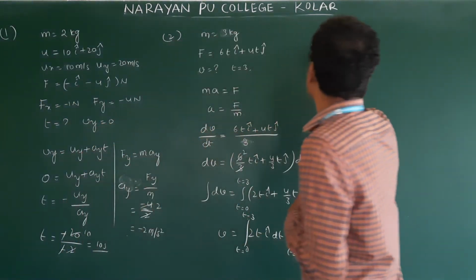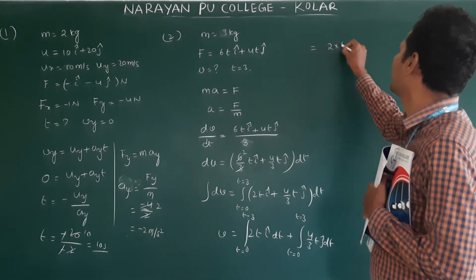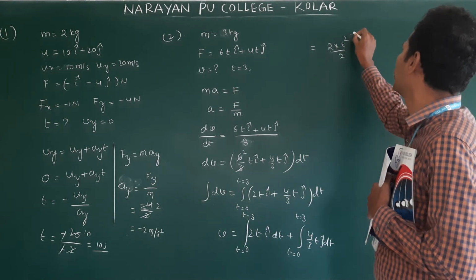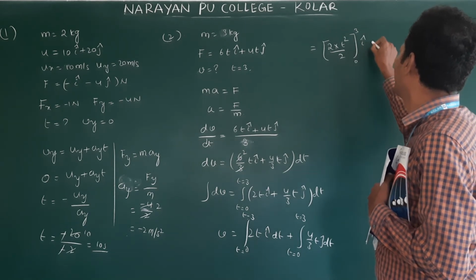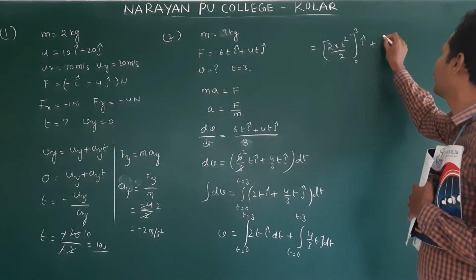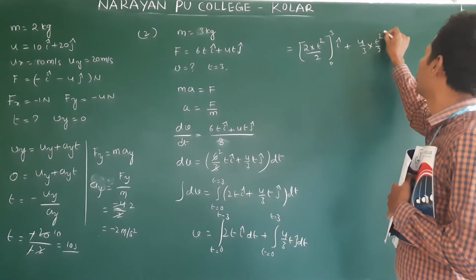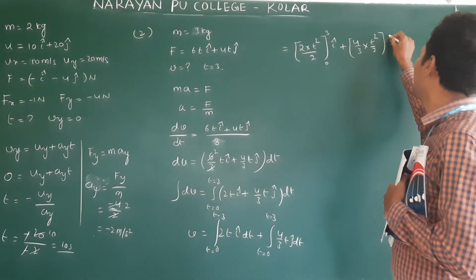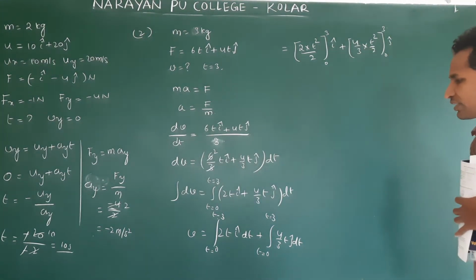Next, this 2t integration we can write as 2 into t square by 2, 0 to 3, i cap plus here also the same, 4 by 3 into t square by 2, j cap, limits 0 to 3 because t only is there.